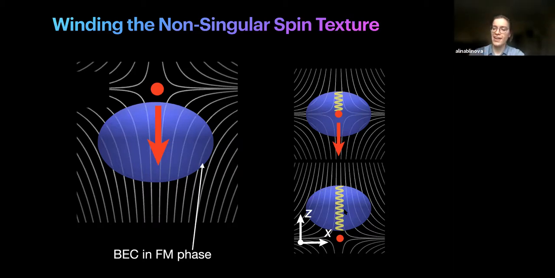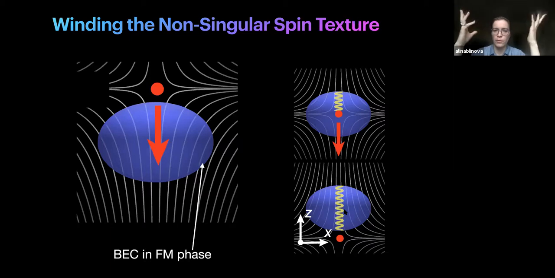However, I say nearly adiabatically because we actually go a little bit faster, such that some atoms near the center, where the field is very, very weak, will not follow so well. So in the middle, we end up with some residual atoms that have not completely flipped to the -1 state.